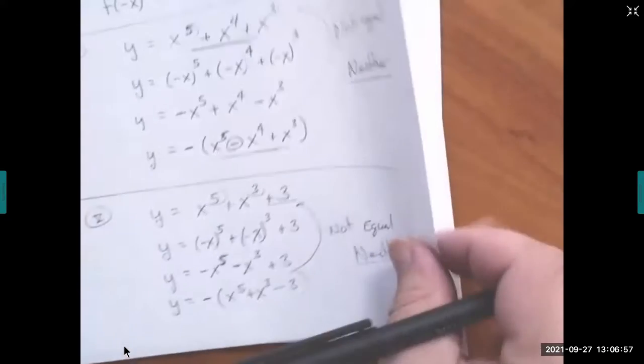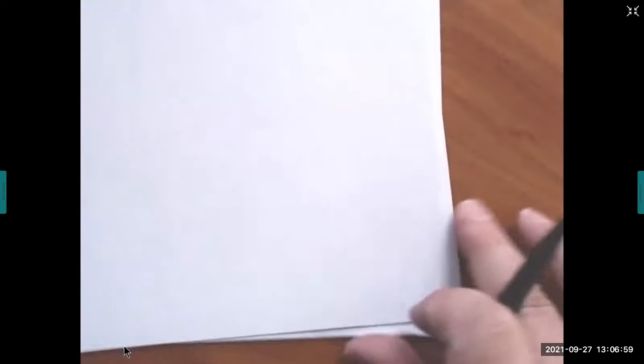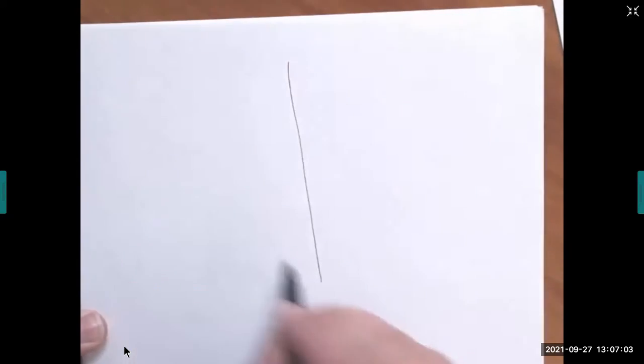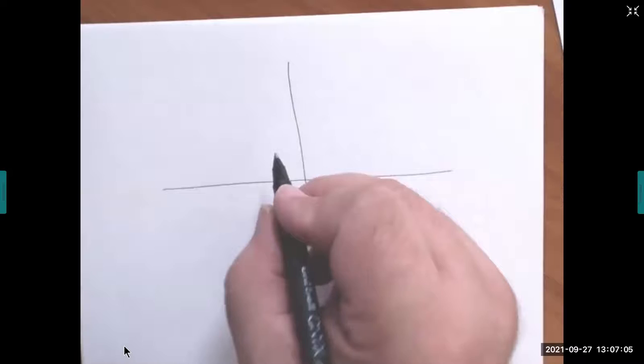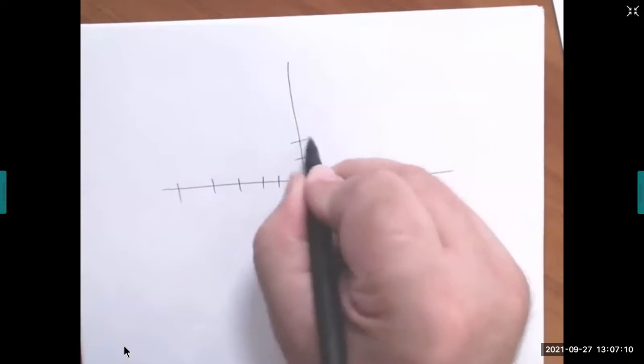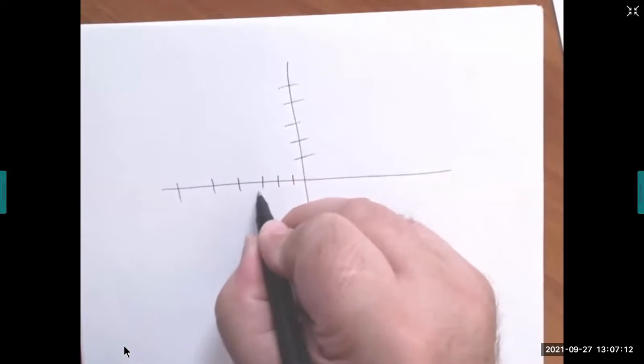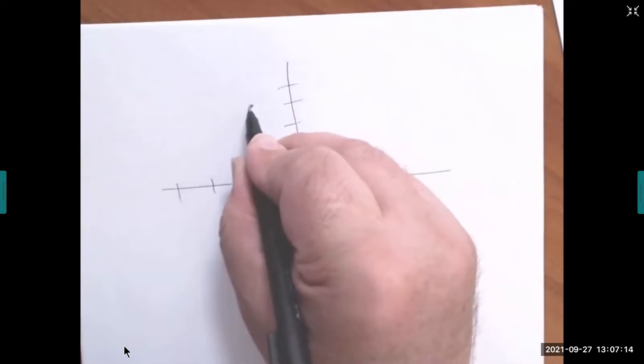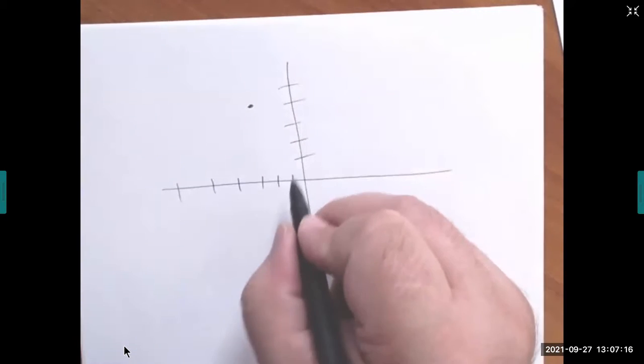Let me show you. If I had a graph and I have a point at -3, 4.